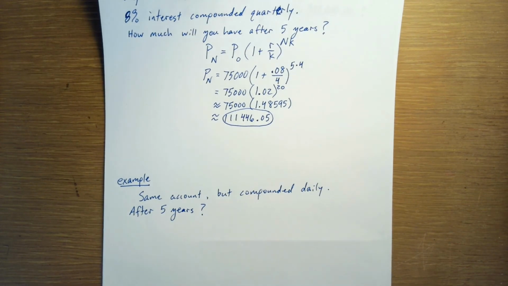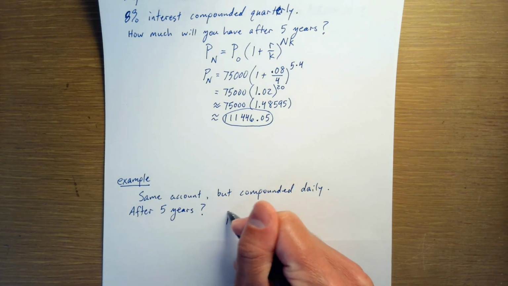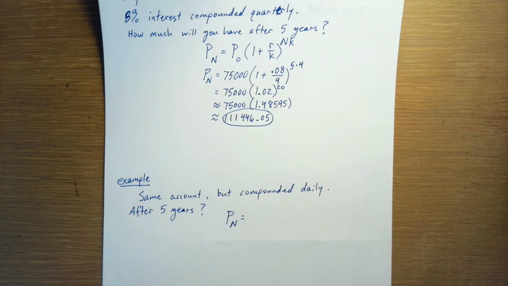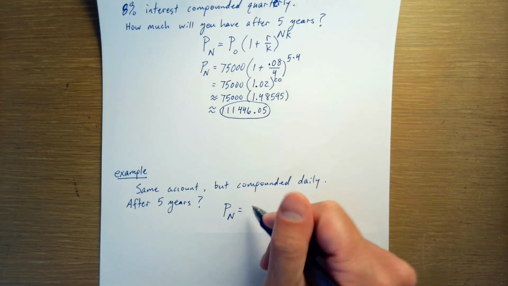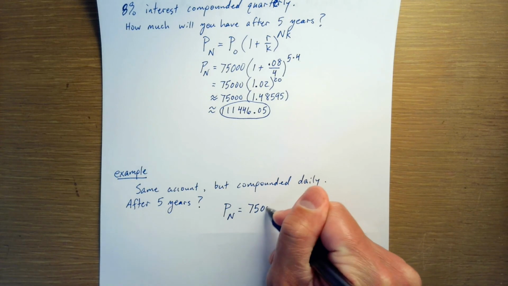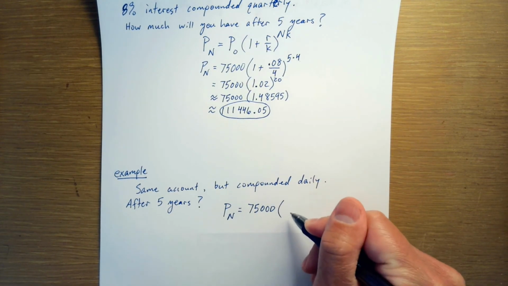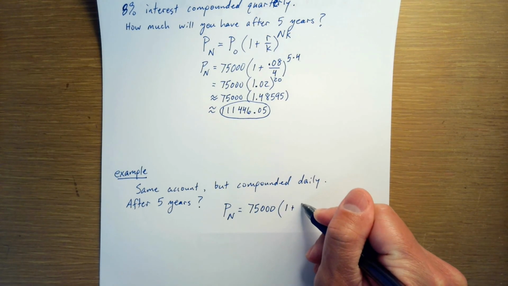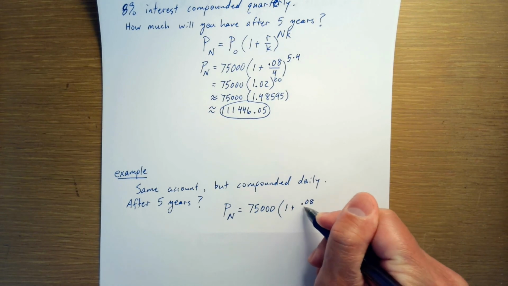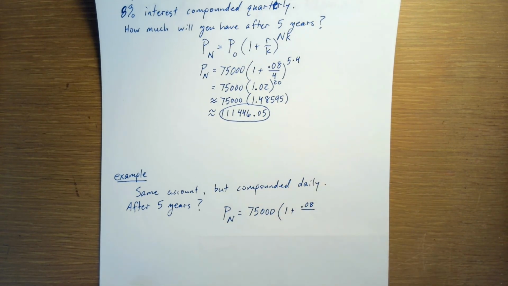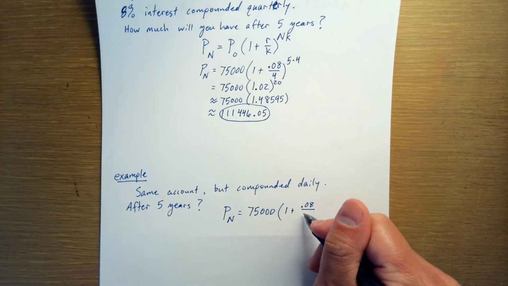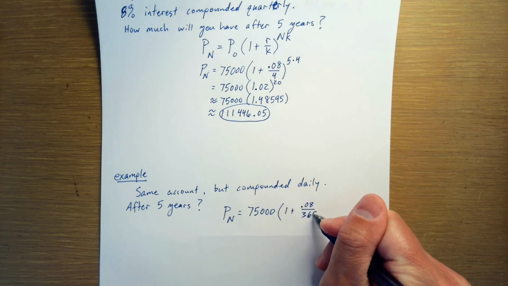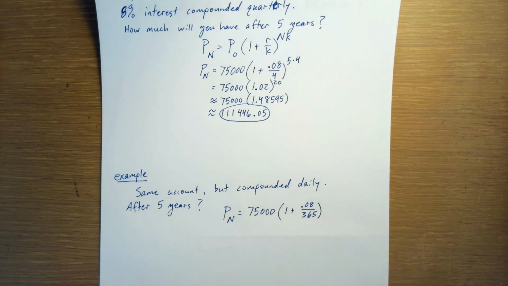Since it's the same style of question, we use the same formula. So in this case, we still want to solve for P sub n. We still invest $75,000 initially, and our rate is still 8%, but now our K value has changed from 4 to 365, since we're compounding daily as opposed to quarterly.